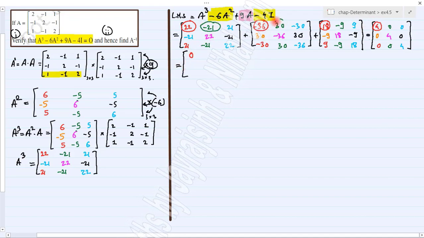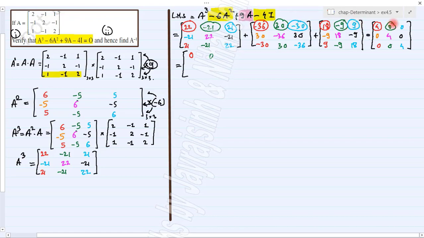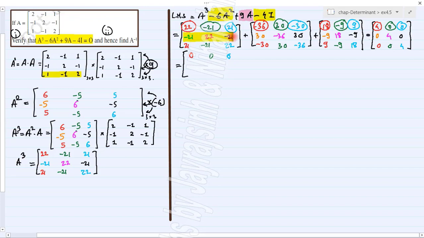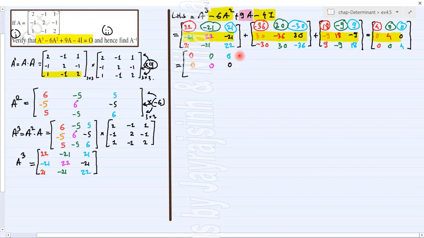Then minus 21 plus 30 minus 9 plus 0 will also be 0. Similarly, your next element will be 0. And if we add respective elements of second row, we will get 0, 0 and 0.